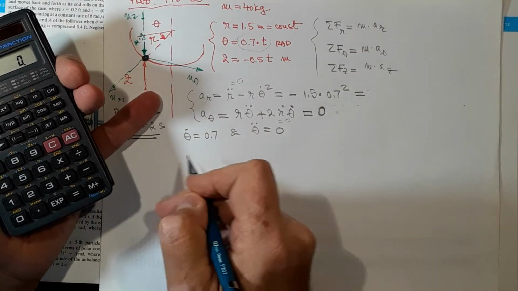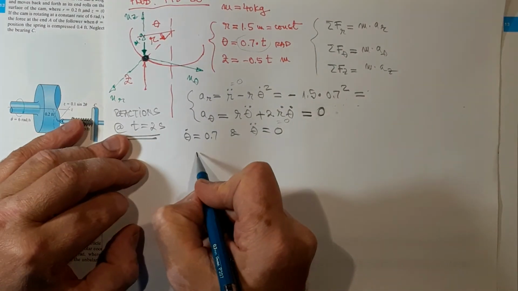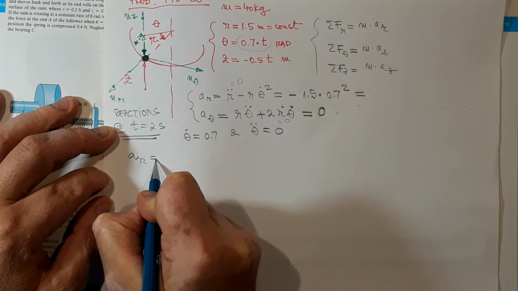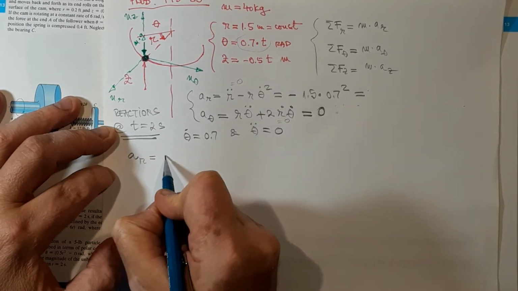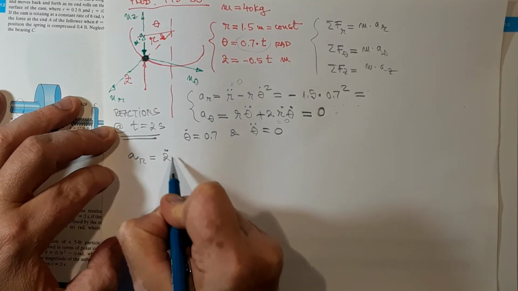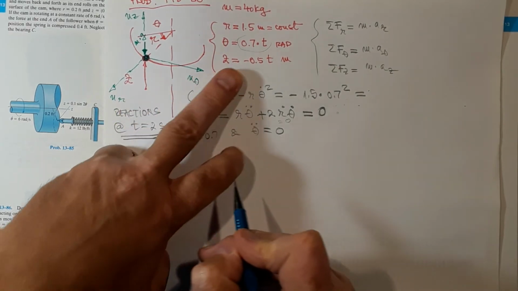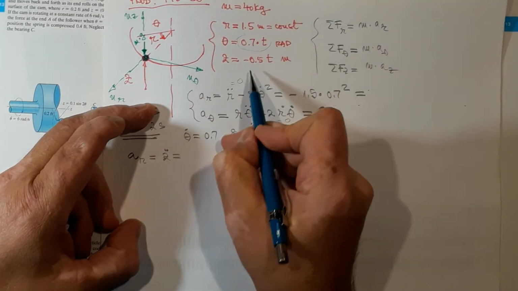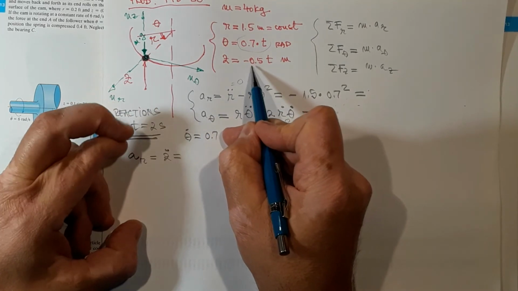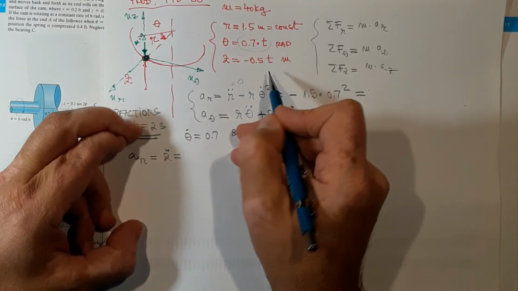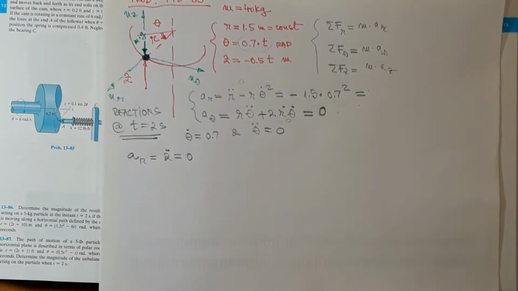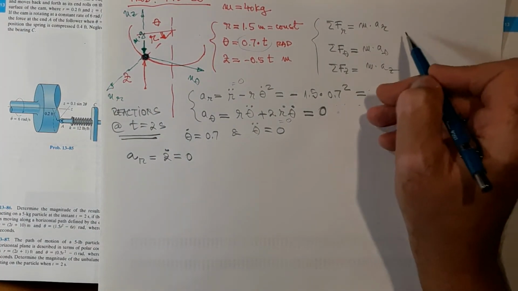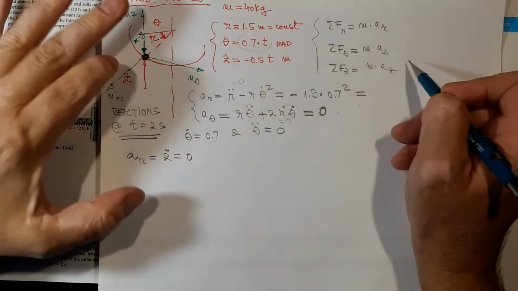I shouldn't have said there's also acceleration in the z direction. Acceleration in the z direction is z double dot, and for z, z dot is negative 0.5, z double dot is 0. So we take the 3 equations from before.